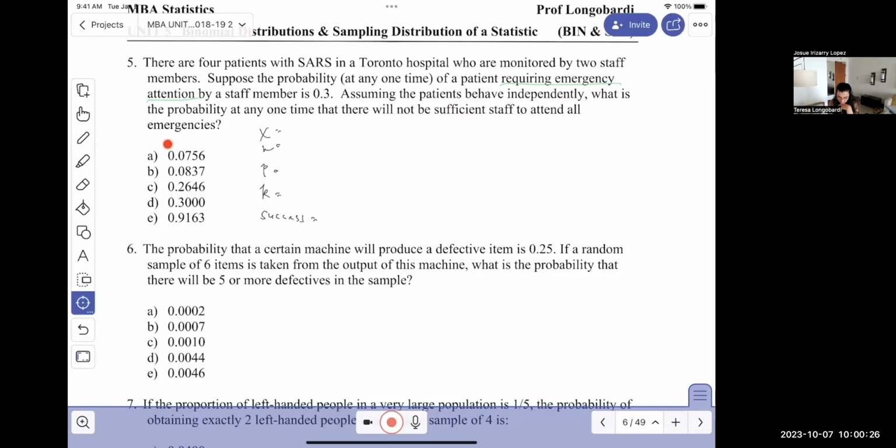So these are related, right? So I want to know about emergencies, requiring emergency attention. So what is my success? What am I looking for?